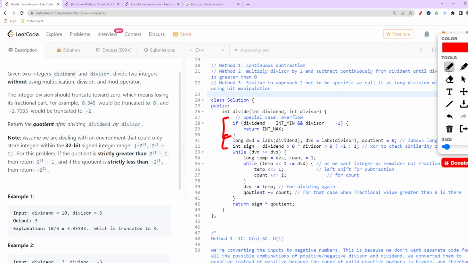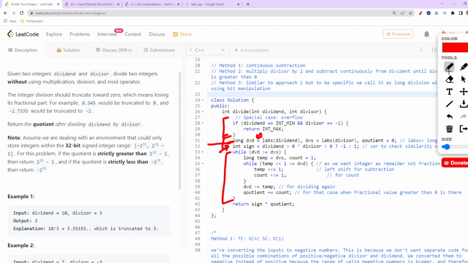Here for avoiding the integer overflow, we are taking it as long, and then we'll take the sign of our dividend and divisor. Why are we taking the sign? Because we are taking long data type here for avoiding the integer overflow, right? So that's why we are required to take the sign.